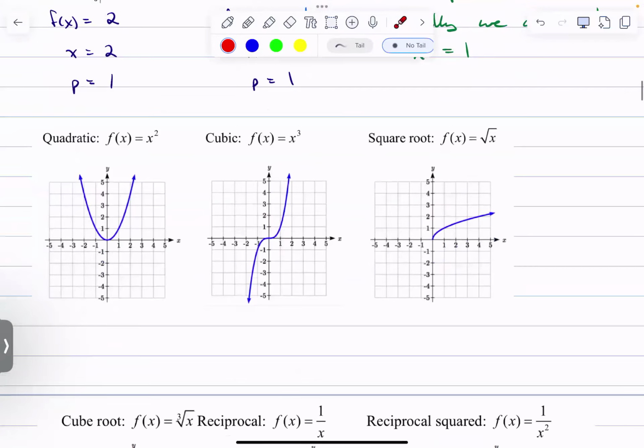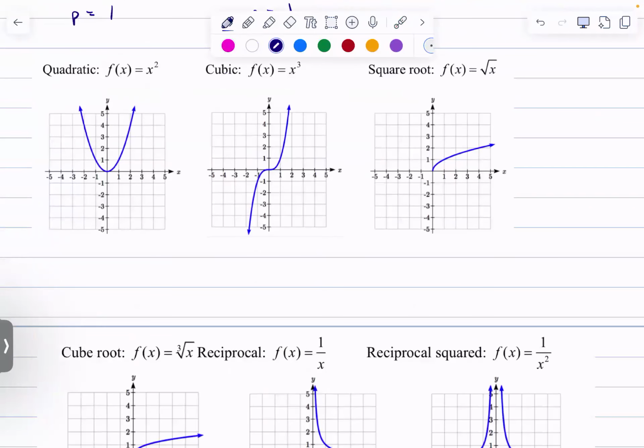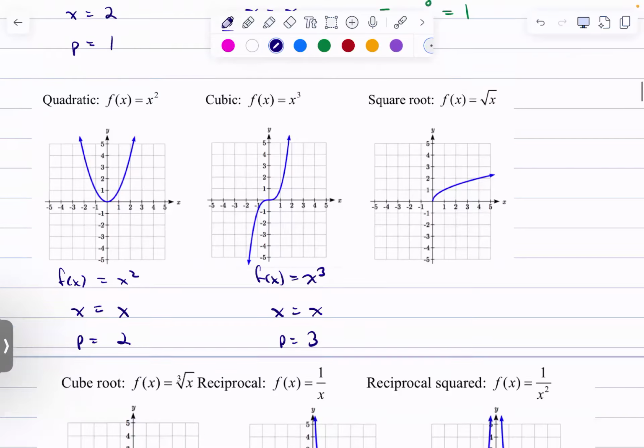We won't do that. X to the power of 2 and x to the power of 3, those are kind of easily identifiable power functions. And so if we have f of x is x to the 2, and then f of x is x to the 3, x in this case is x, and p in this case is 2. X is x still, and p is 3.